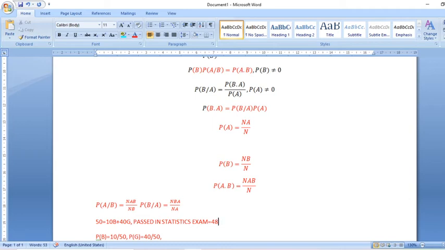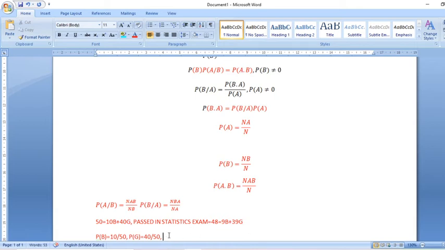So 48 out of 50 students passed. Among the 48 students, you will have 9 boys and 39 girls.